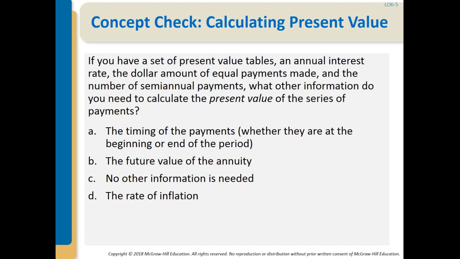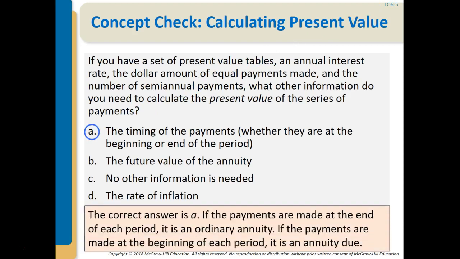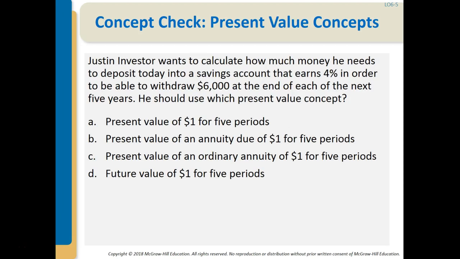Would it be the timing of the payments, whether they are in the beginning or end of the period? The future value of the annuity? No other information is needed, or the rate of inflation. I sure hope you got this one right. If payments are made at the end of the period, it's an ordinary annuity. But if they're made at the beginning of the period, it's called an annuity due.